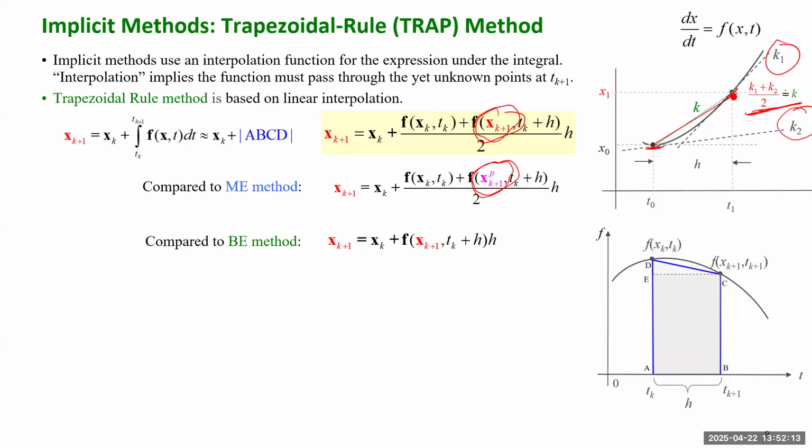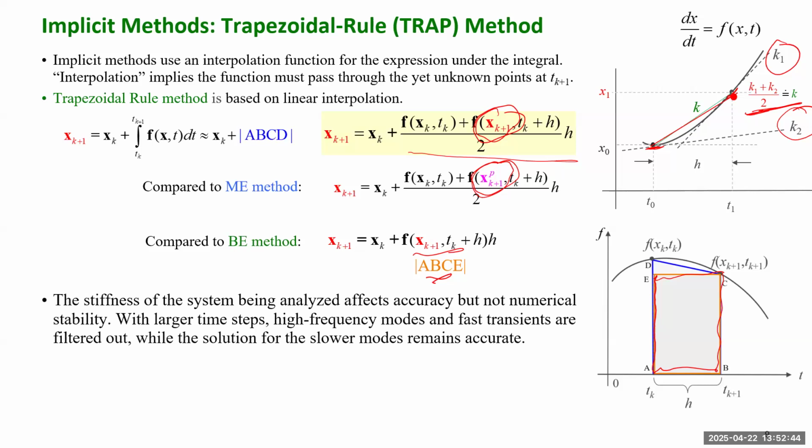And compared to the backward Euler method, it uses the average of the two slopes instead of only the slope at the ending point. The backward Euler method uses a rectangular area to approximate the area under the curve, but the trapezoid rule method calculates that trapezoid shape.